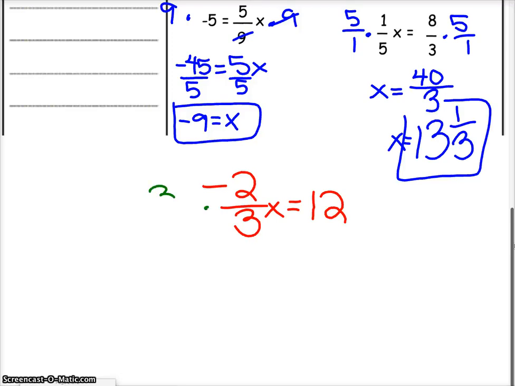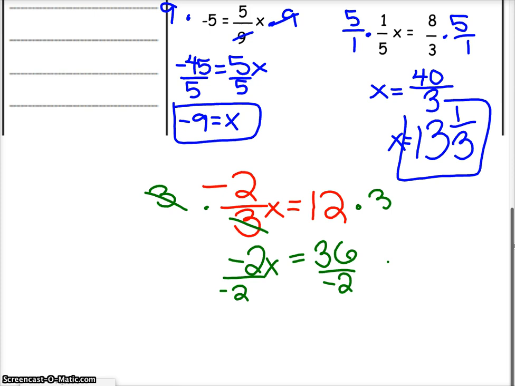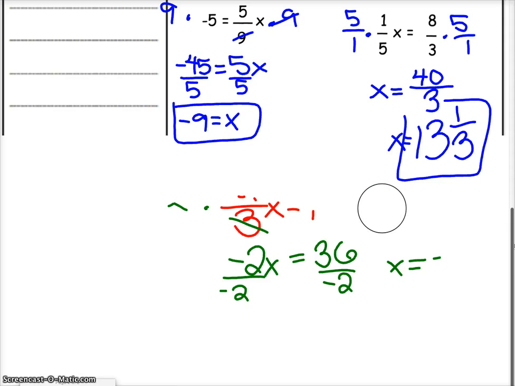Timesing through by that bottom number, I have a negative 2 left. To get rid of times, I'm going to divide. X is a negative 18. Okay?